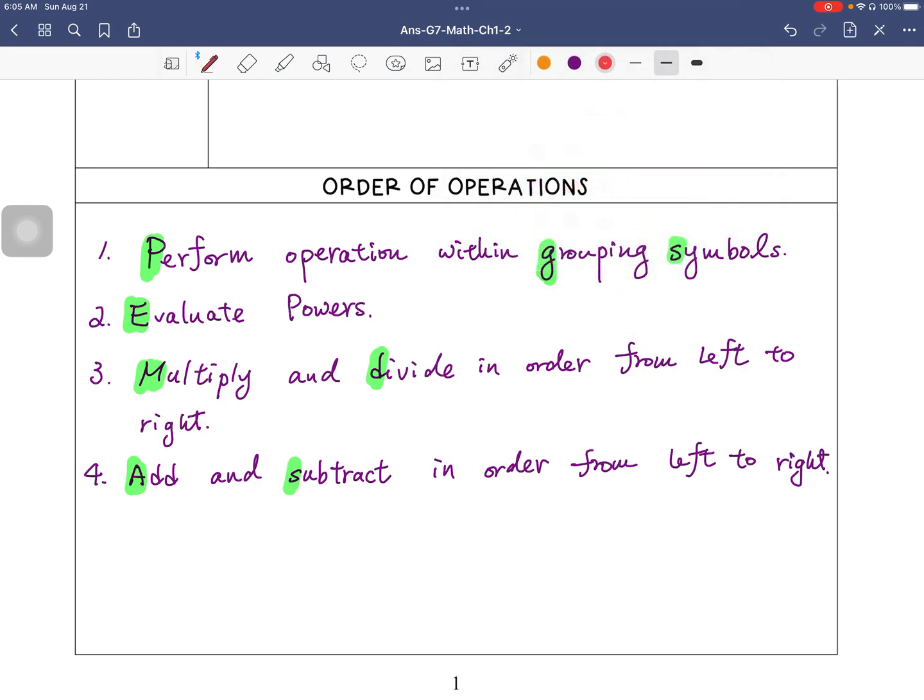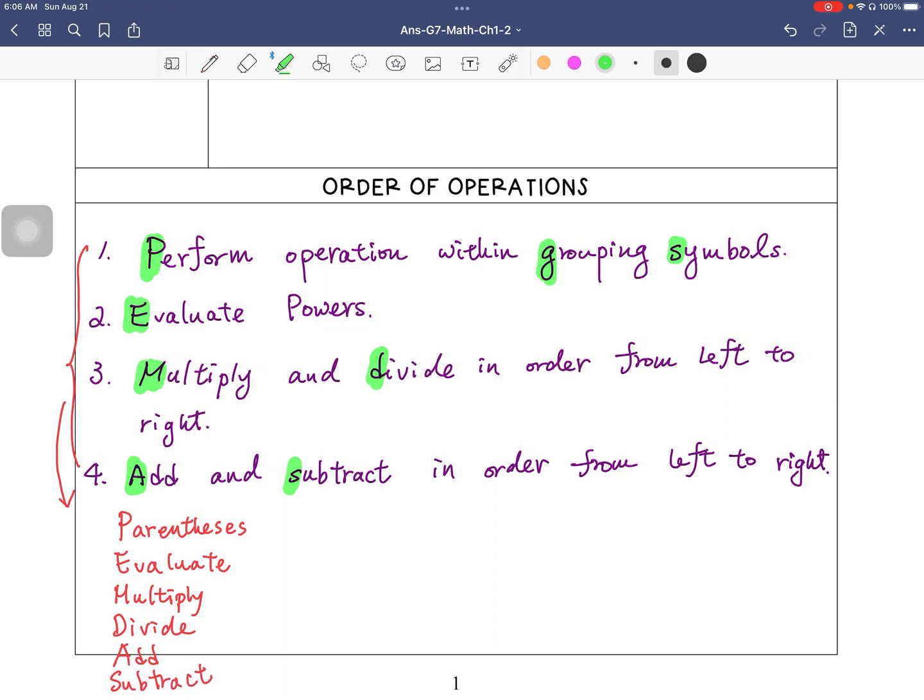We can also say it as PEMDAS: parentheses, the grouping symbols, all kinds of grouping symbols, evaluate, multiply, divide, add, or subtract.